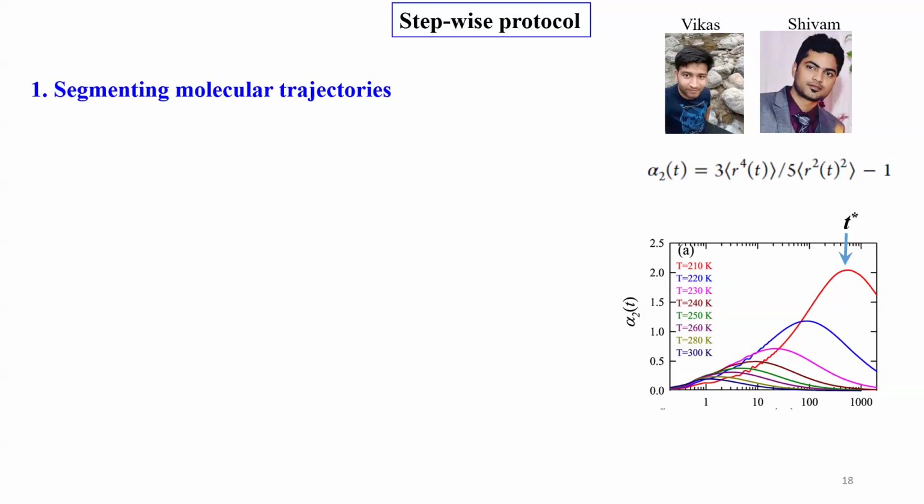Now the point I'm a little bit confused about here. If your trajectory length is equivalent to your T-star, then how come the diffusion you are getting from D-rays is actually giving you the real diffusion, which can be scaled with the Stokes-Einstein relation? So your question is that you are taking T-star as the time for segmenting the trajectory, right?